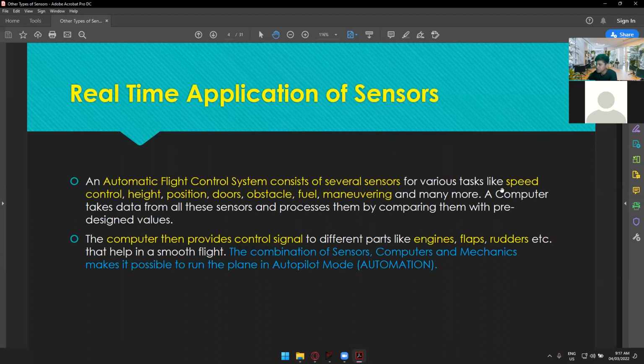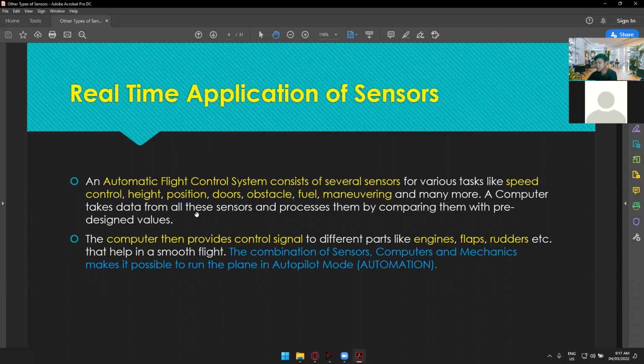It can detect speed, height, position, doors, obstacles, or even the fuel level, or the maneuvering, and many more. I'm not really an expert when it comes to how to drive or what happens in an airplane, but here are the basics of what it can control, sense, or automate.